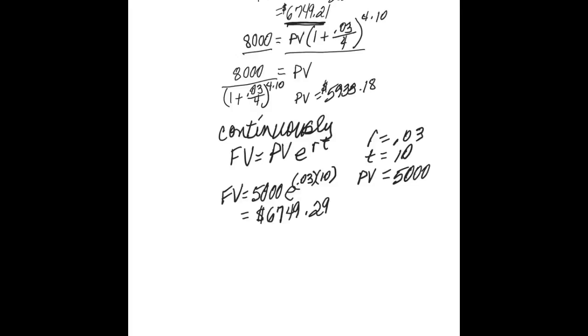There is one more thing that I will talk about, and that is doubling. So if I had $5,000 and I wanted it to double, the doubling value would be $10,000. So 5,000 times something is going to give me $10,000.